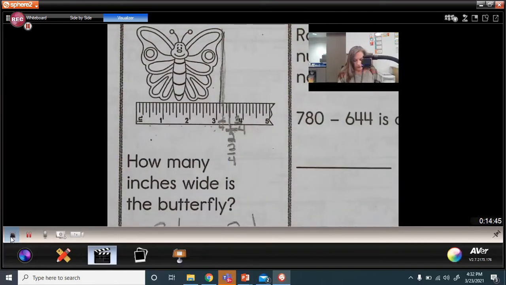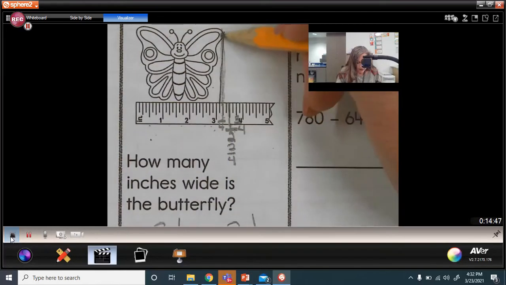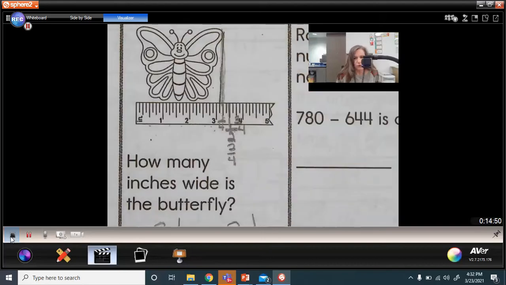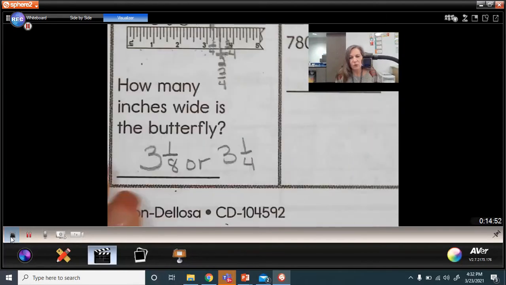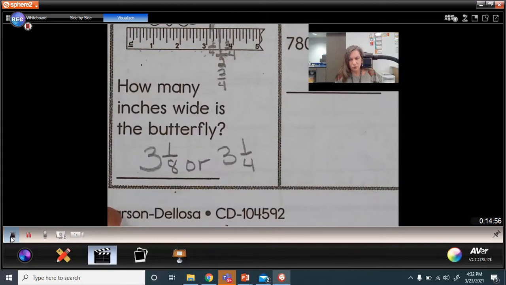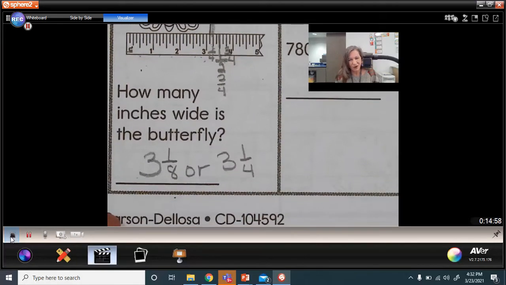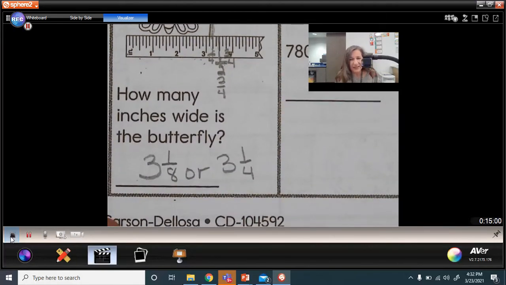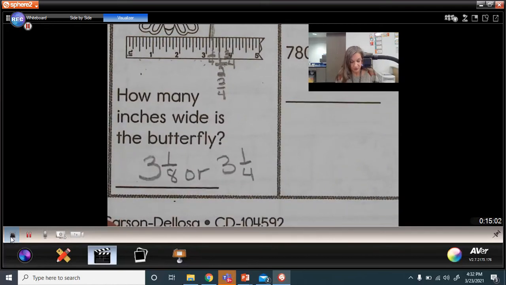So we are going to say that the width of that butterfly's wings is 3 1/8 or 3 1/4. Just depends on how close you want to get to the measurement. But it's kind of hard if you need to zoom in on it to help you. So I would accept either of those answers for that one.